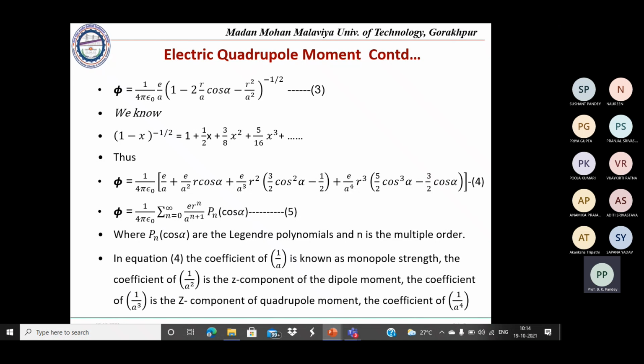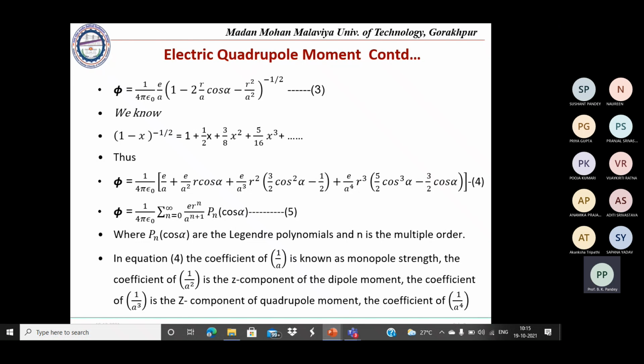In equation 4, what is the coefficient of 1 upon A? Because the distance A shows your departure from the center point. So in case of equation 4, the coefficient of 1 upon A is known as the monopole strength. The coefficient of 1 upon A square is the z component of the dipole moment.